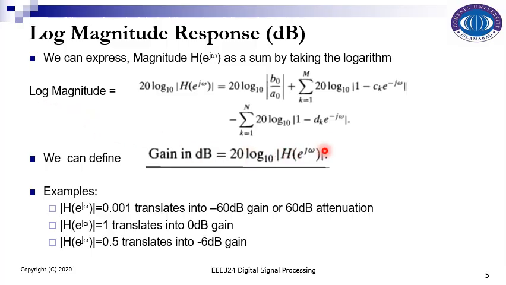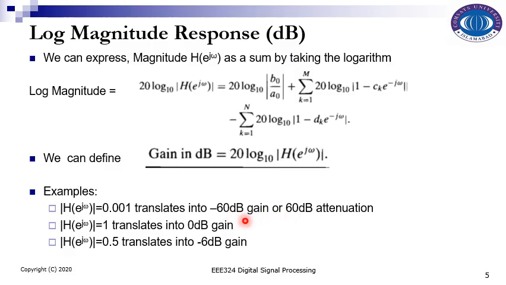These terms were also discussed in a previous lecture by Dr. Fassi. Let's take an example. Suppose the system has the magnitude response |H(e^jω)| equal to 0.001. When we take the logarithm, log of 0.001 is minus 3, and minus 3 into 20 gives minus 60 dB gain, and because the gain is negative we also call it attenuation.